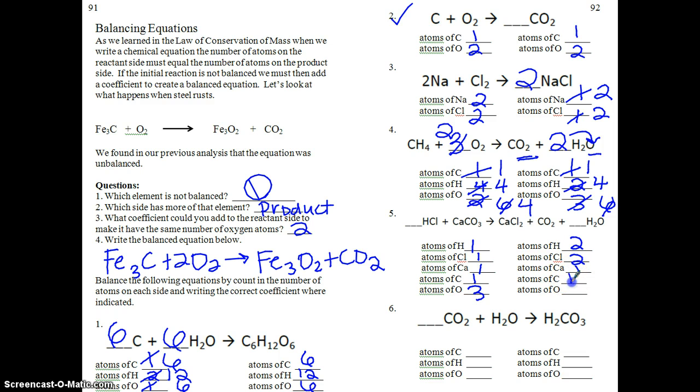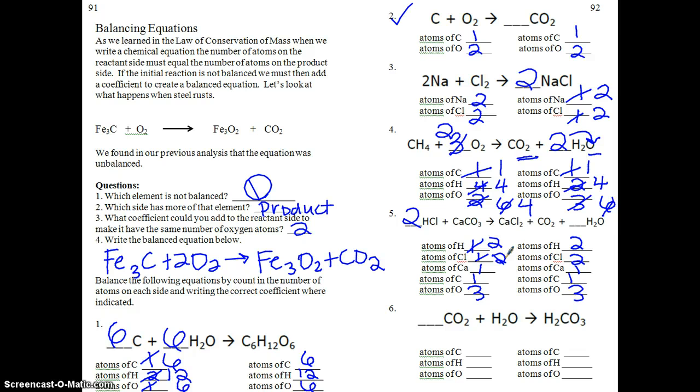How many of carbon? And how many of oxygen? Is this equation balanced? Good. It's not balanced. What can we do to balance this equation? Good. Put a coefficient of 2 in front of the hydrogen and the chlorine. Now that will give us 2 and 2.